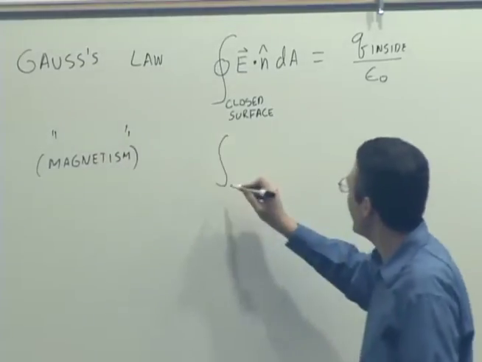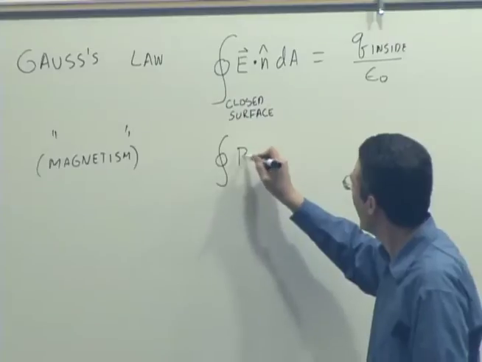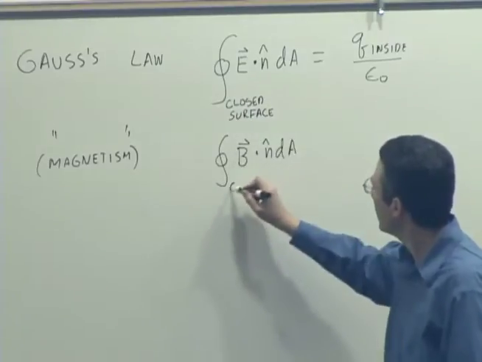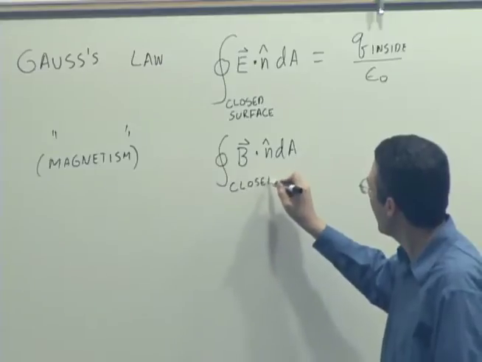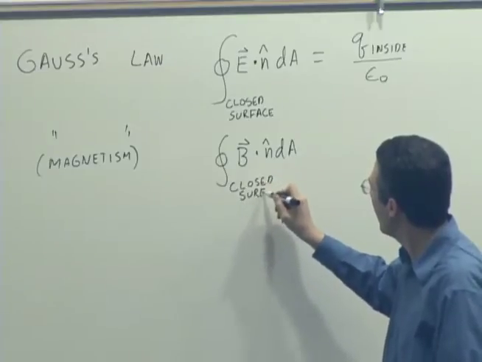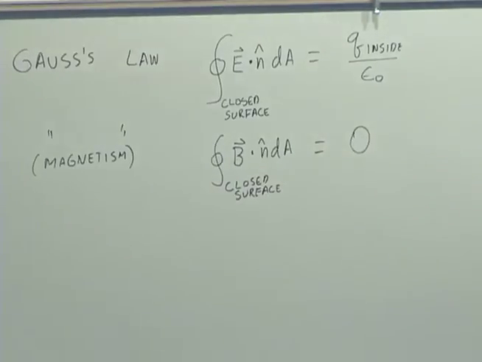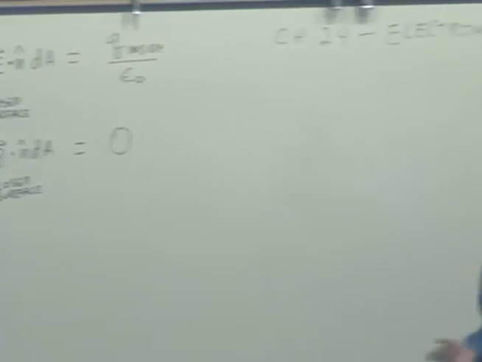We saw Gauss's law for magnetism, which says that the magnetic flux over a closed surface is equal to 0. So there are no magnetic monopoles, this is telling us.